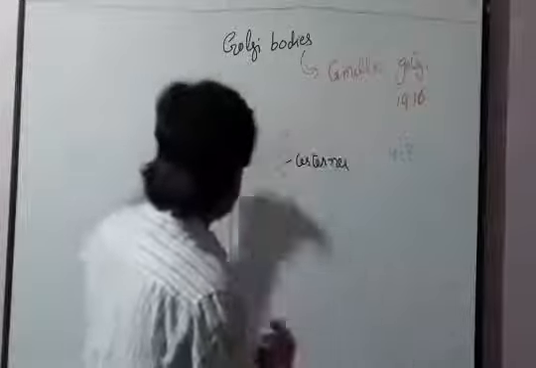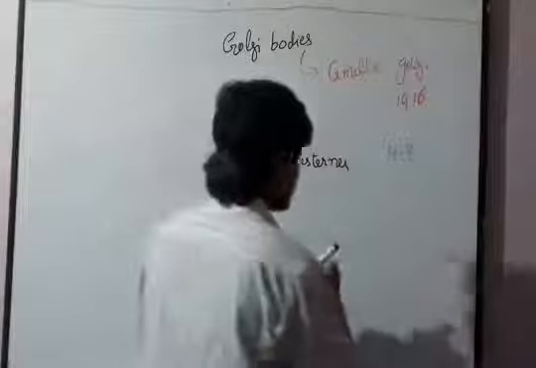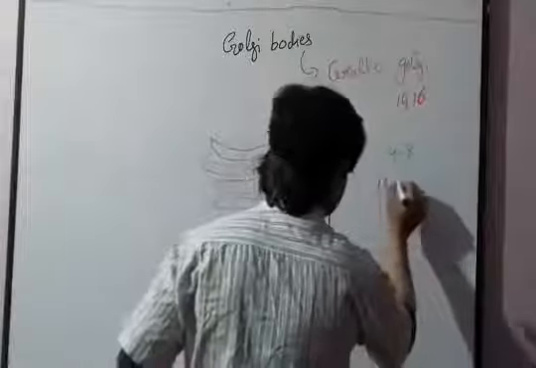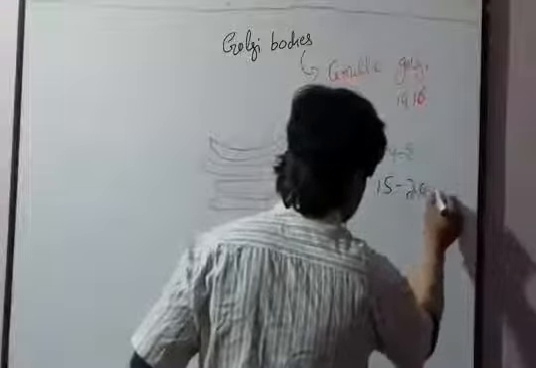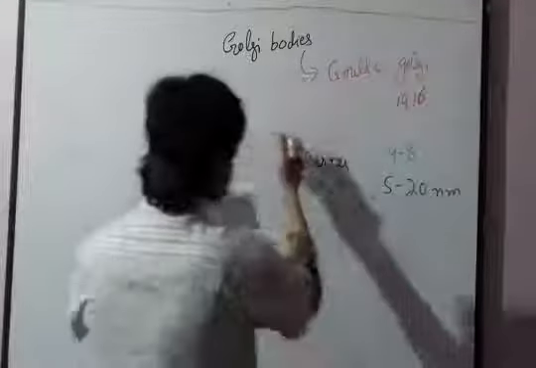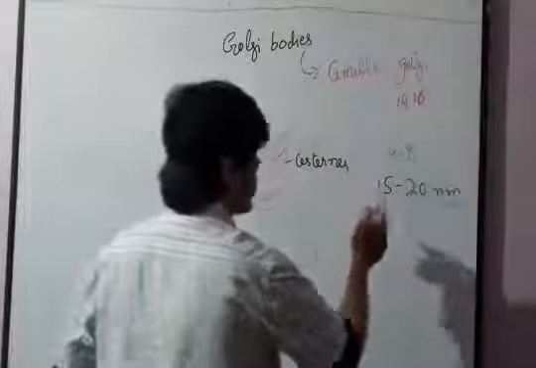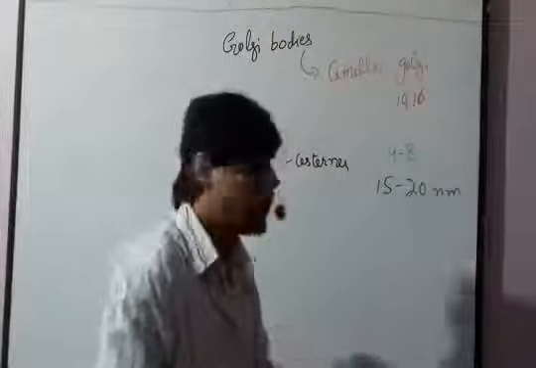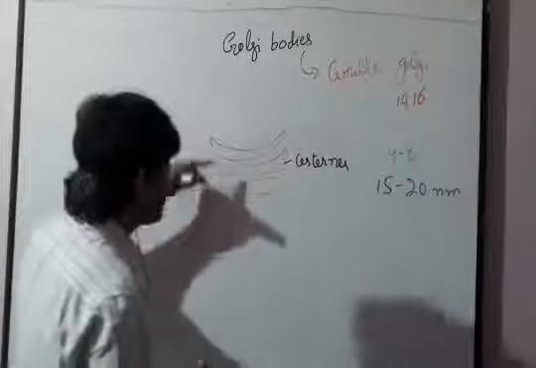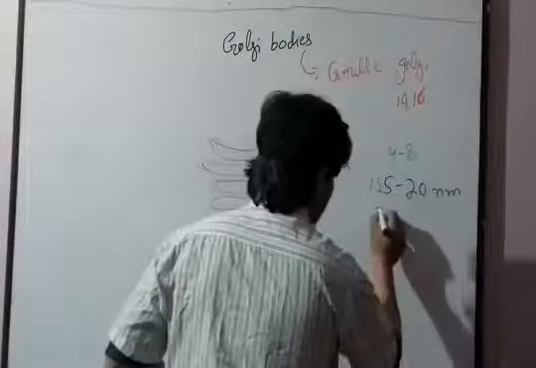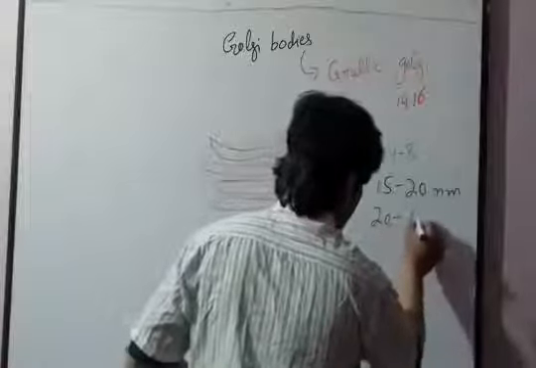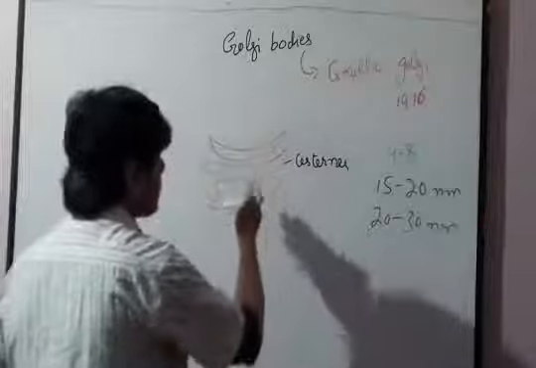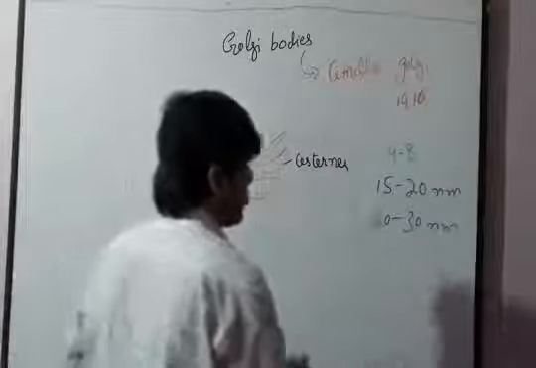Now if we see the thickness of the cisternae, it is almost 15 to 20 nanometer, and each cisterna will be separated from the others, and the space between each cisterna will be 20 to 30 nanometer.